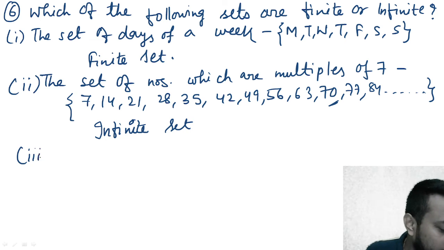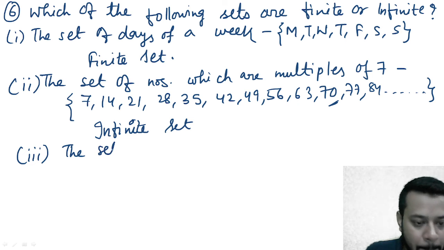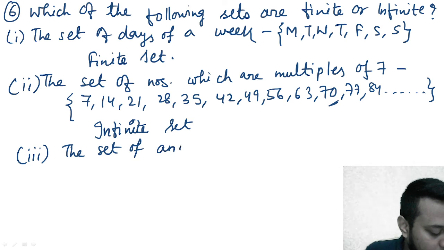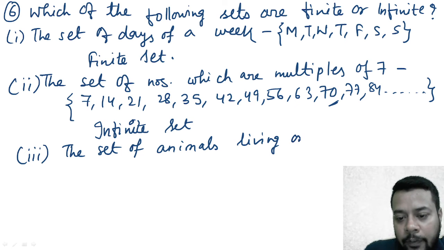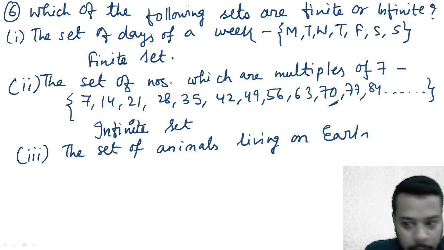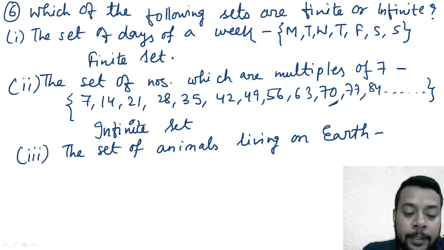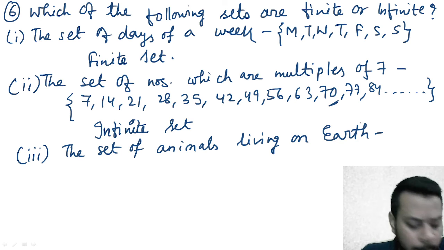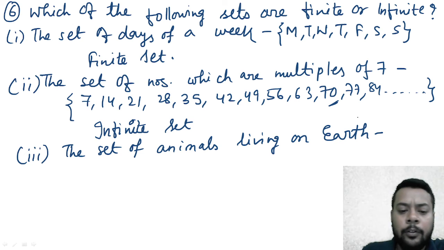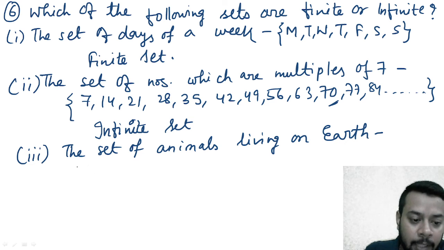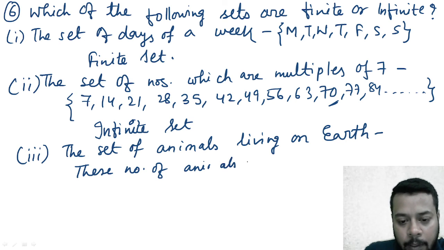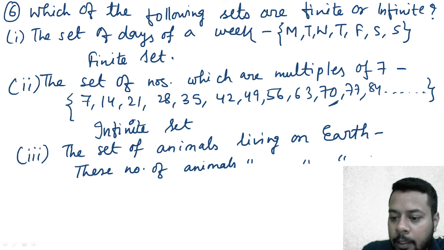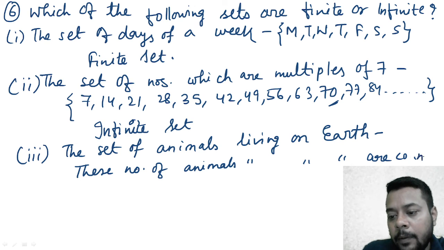If I talk about number 3, the set of animals living on earth. This is a very conceptual question. Try to understand. The number of animals living on earth is countable.